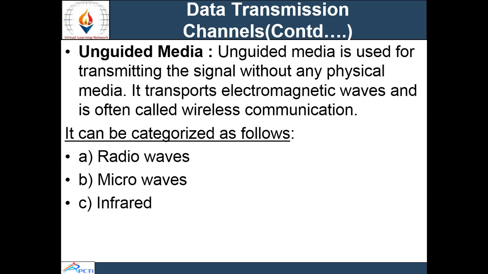These are omnidirectional, which implies that these travel in all directions from the source. So, the transmitter and receiver do not have to be carefully aligned physically. Radio signals have been used for a long time to transmit analog information.